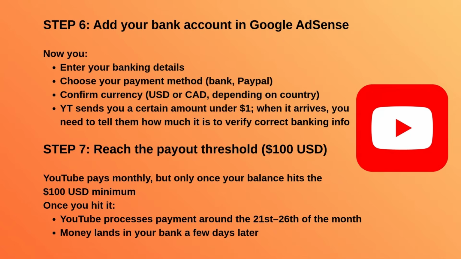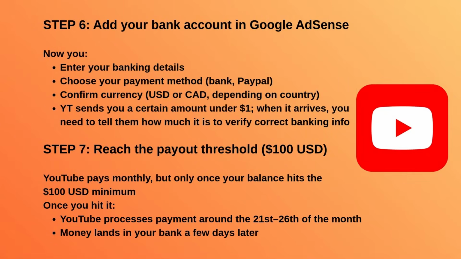And then YouTube is going to send you a certain amount under $1, like 1 cent to 99 cents. And that will take a couple of days for it to show up in your bank account. When it shows up, then you go back into your AdSense account and tell them what amount was sent to you, and that will have verified your bank details.